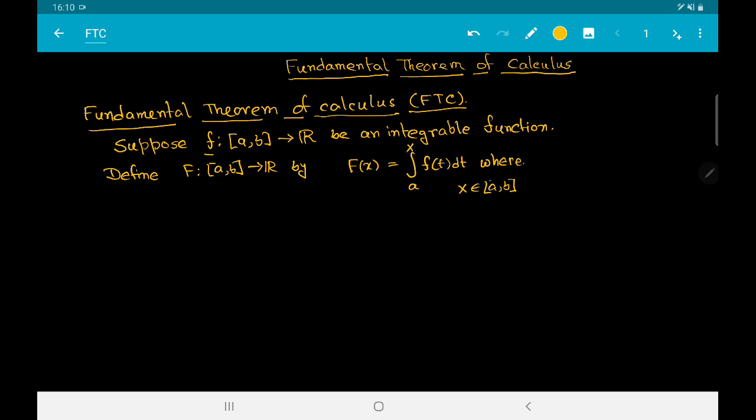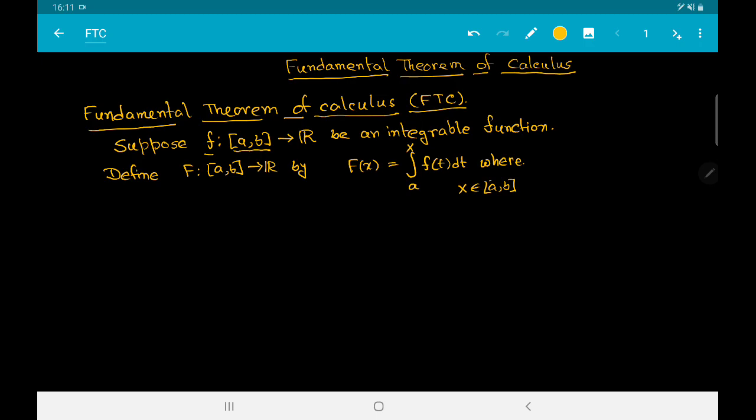You may be wondering: we know that f is an integrable function on this closed interval [a,b], but does it mean that f is also integrable on the closed interval [a,x]? We will come to this in a moment.